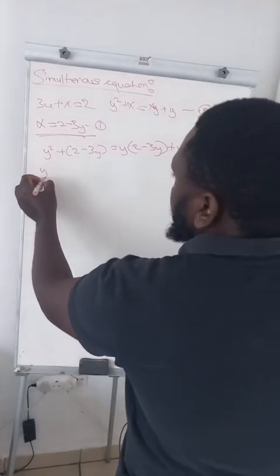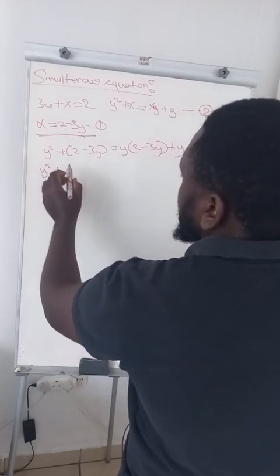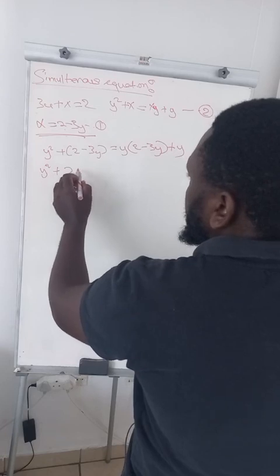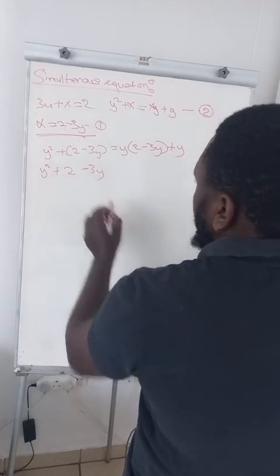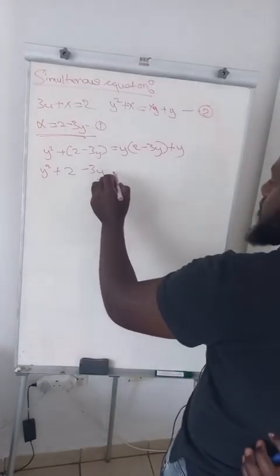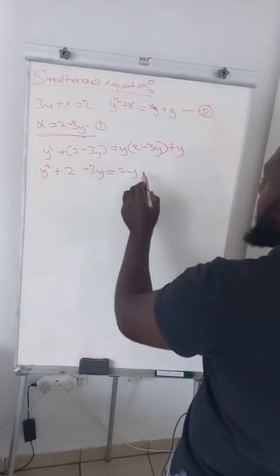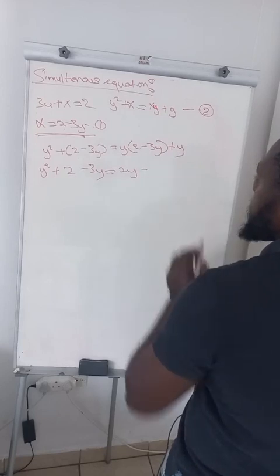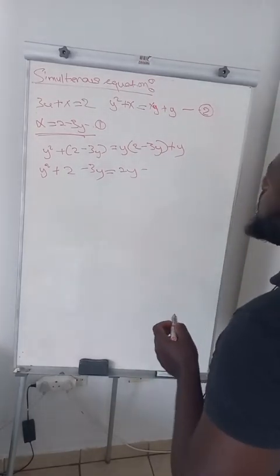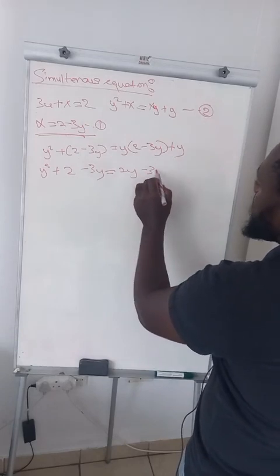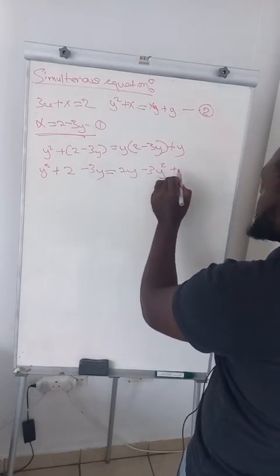Here you still have your y squared plus, this is a 2 minus a 3y, and then is equal to 2y, then minus this will give me 3y squared plus a y.